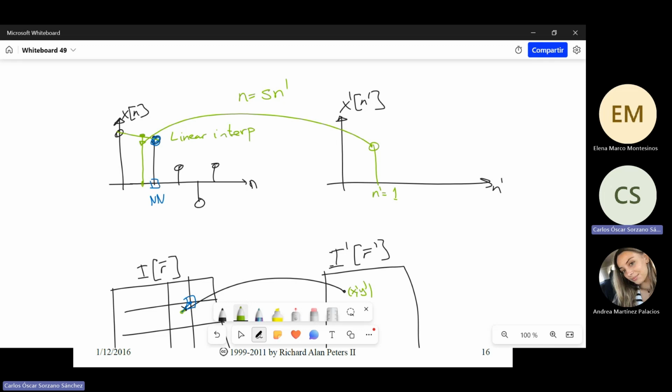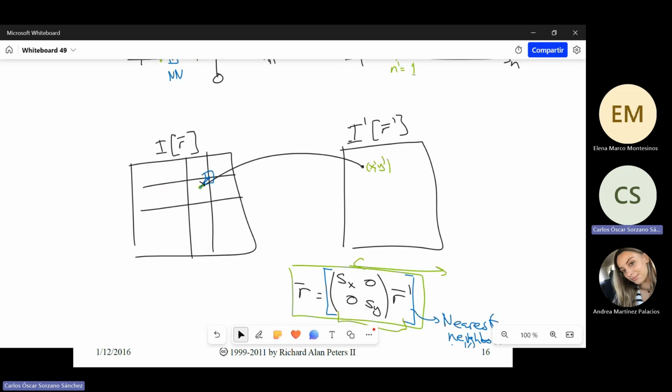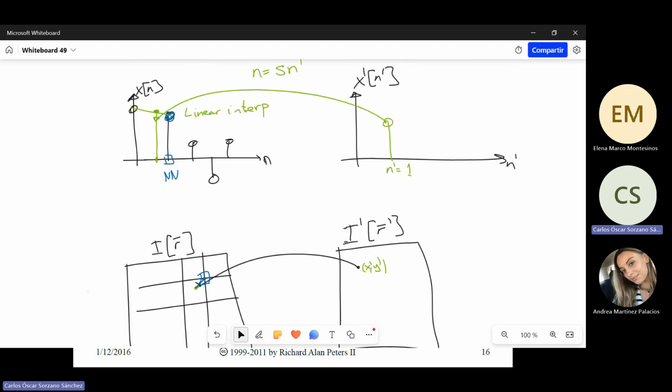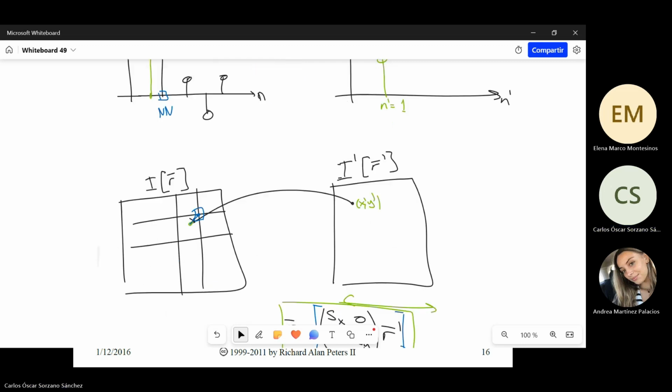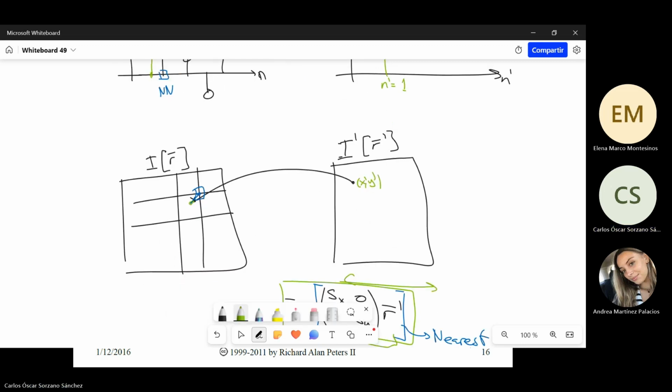Now what we will do is the same, but now in 2 dimensions. So what have we done here? We have taken all the neighbors around, just 2 neighbors in 1 dimension. And then we have fitted the line. So now we will take the 4 neighbors around.